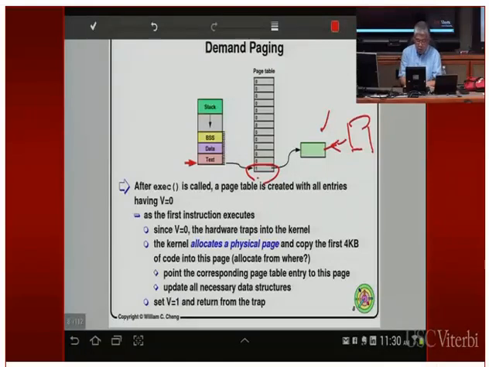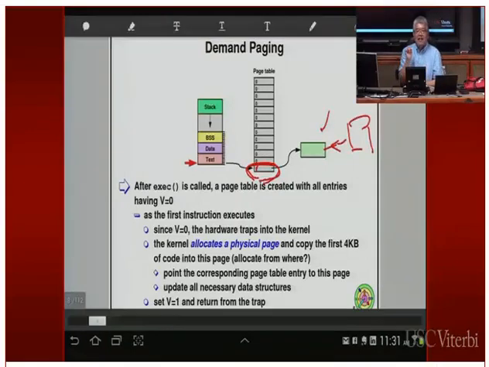In that case, it will update the kernel data structure and then set the page table entry so that validity is equal to 1. And then it does an interrupt return to return to the user process, so the user process can repeat that memory reference. After all that, all this was to fetch the instruction for the first memory reference for the user process.